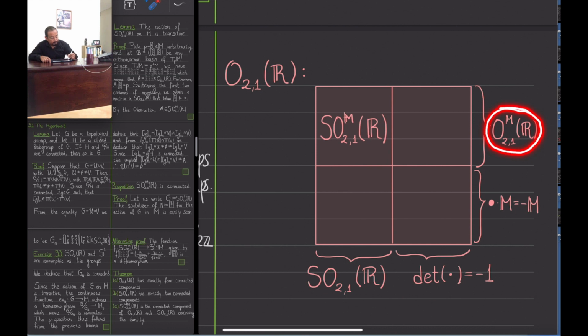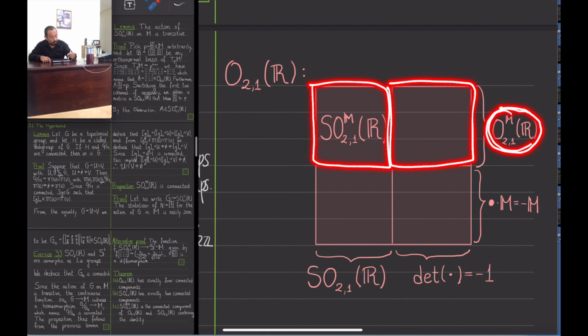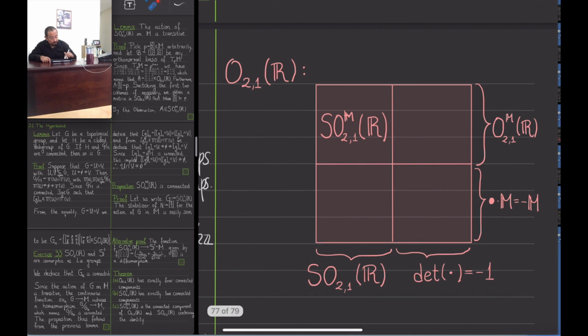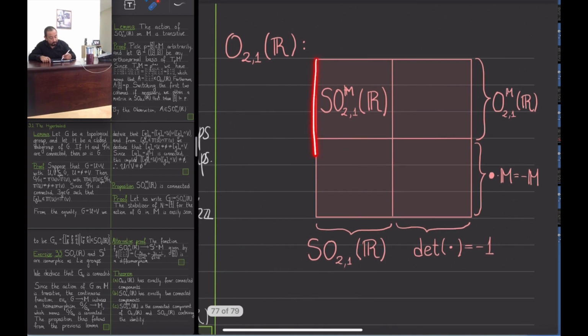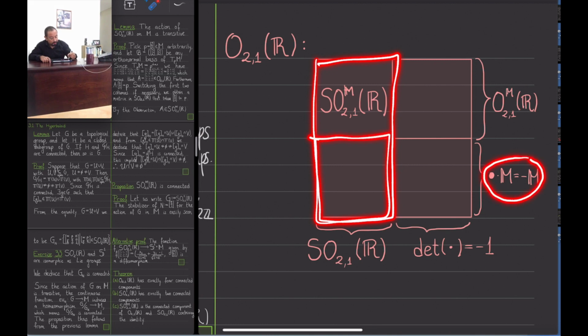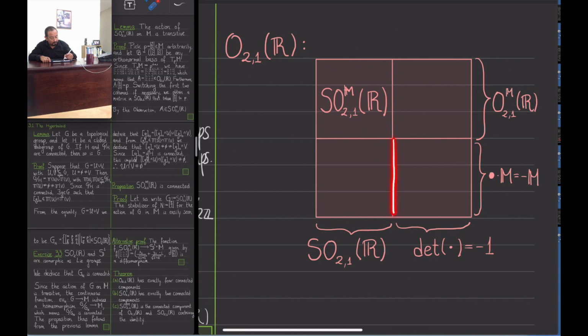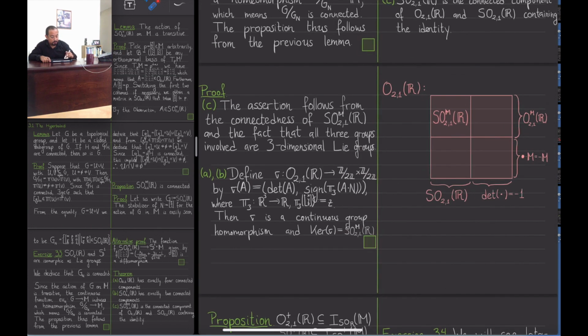It preserves M even if it has determinant minus 1. So having determinant 1 or minus 1, but preserves M. Right, and here we have the ones that have determinant 1, some of which may send M to minus M. And then here we have the other ones, the ones that have determinant -1, and exchange the two sheets of the hyperbola.